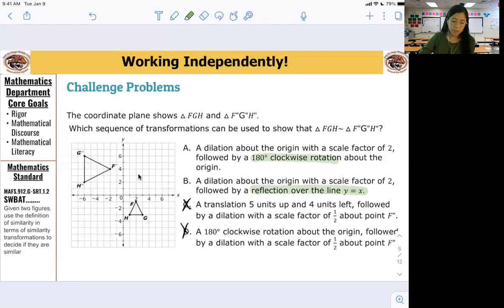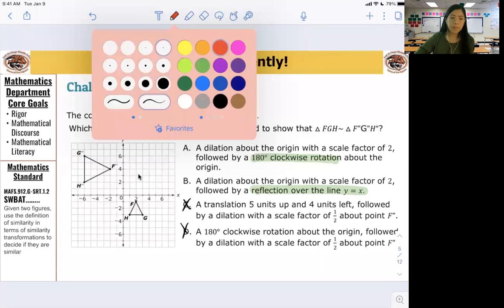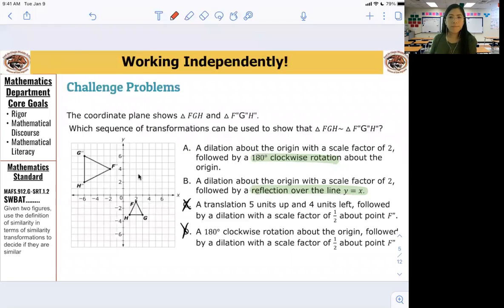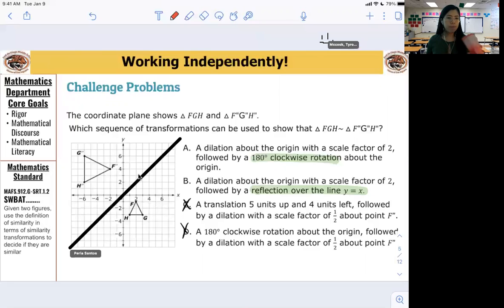So the line y equals x, can somebody draw that? Can anyone draw that for me using an annotation tool? What does that look like? The reflection over y equals x. Go ahead, Perla. Perfect. So that's y equals x. That's the reflection line.